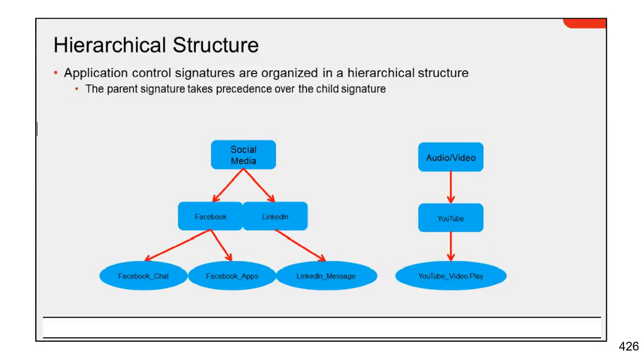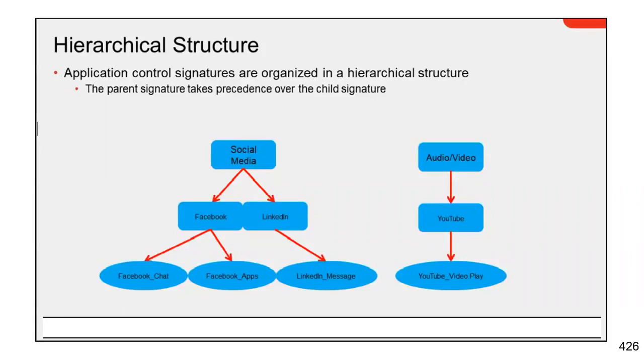If you block those, people would still be able to access Facebook, no problem, but the like, comment, and video options will not work for them. That's the motive. That's how the system is designed so that you get that granularity. This is what you get if you're using application control.